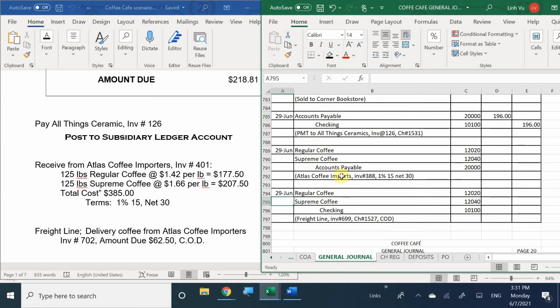So our regular coffee that we got delivered was for 177.50. Supreme Coffee, 207.50, a total of 385.